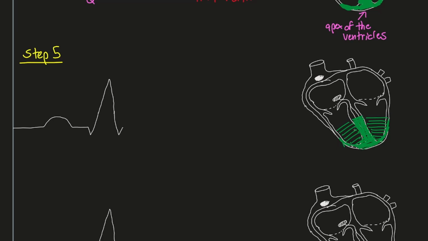Now what this depolarization here is telling us is that we have now depolarized our ventricles. So our ventricles are depolarized in step 5. And that is the main point of this step 5.